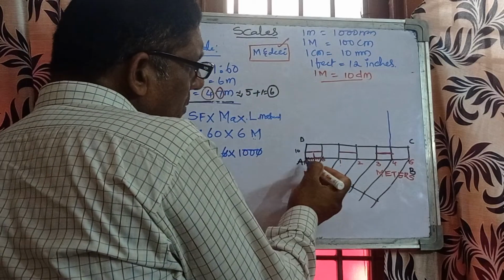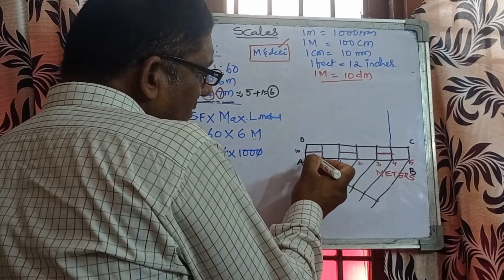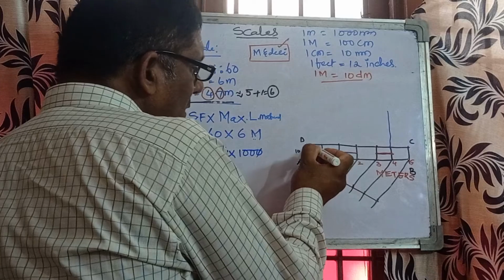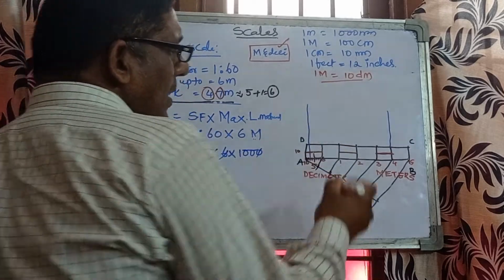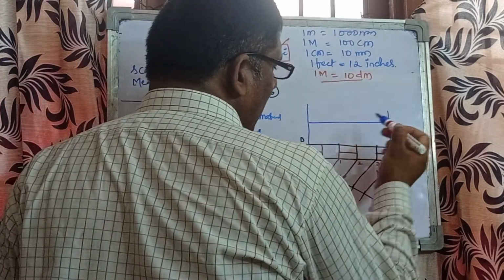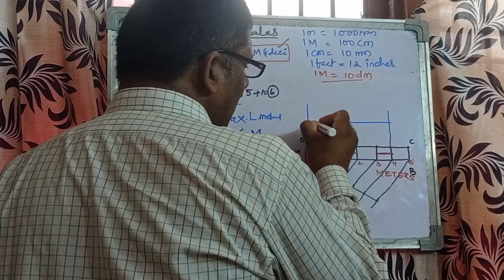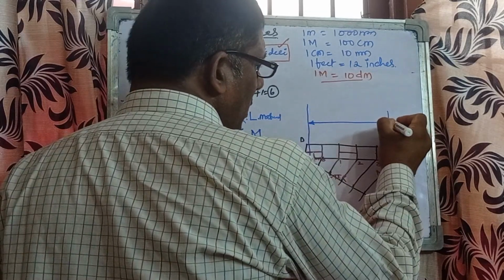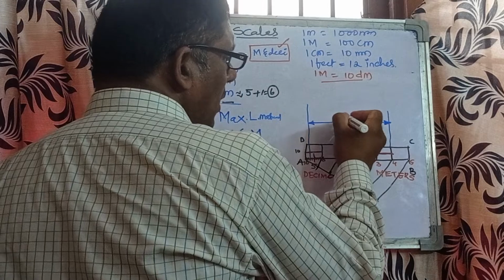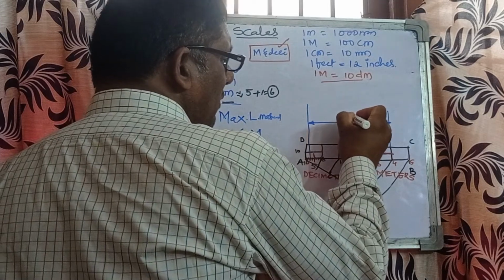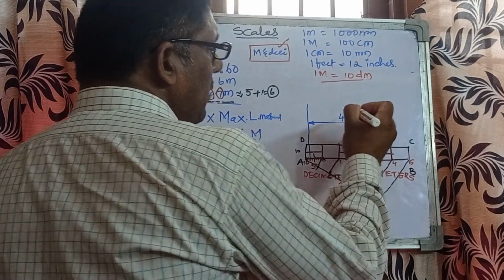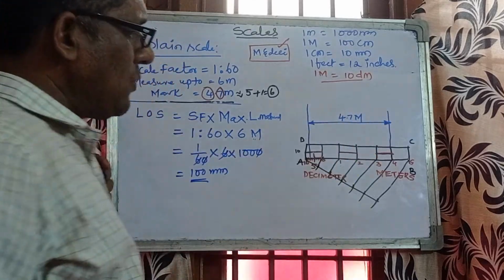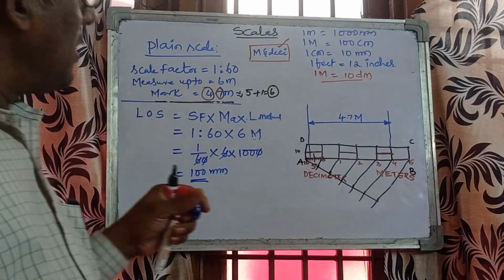So in this decimeters 5 is there, 6, 7. Where is the 7th part? This is the 7th one. So from the 7th line draw a measurement line and give the marking with an HB pencil, and here you write 4.7 meters. So 4 meters, 7 decimeters actually this is. So this is the scale.